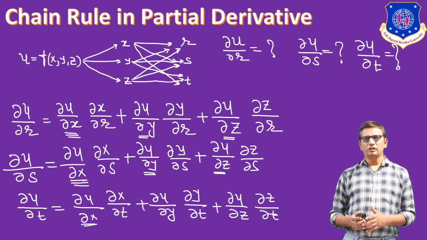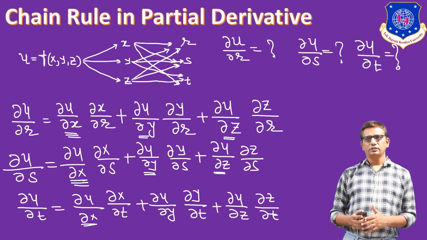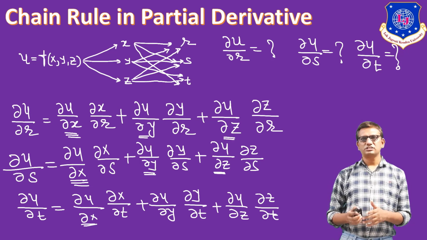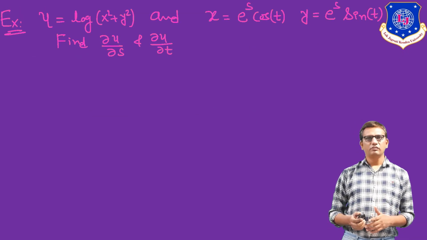So that is our concept of chain rule. And sometimes the variables are more than three or two, or the number of variables changes. Now we will see this partial derivative with the chain rule.